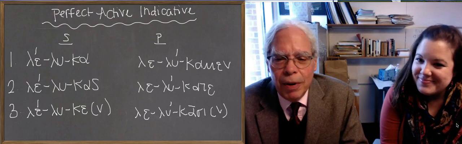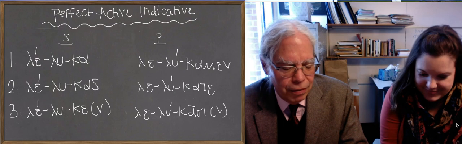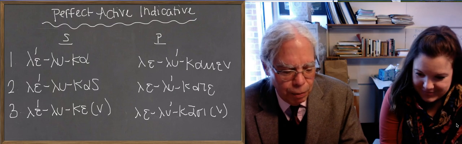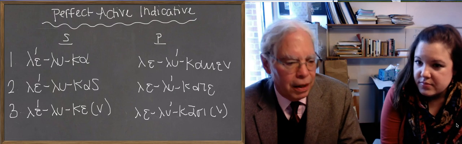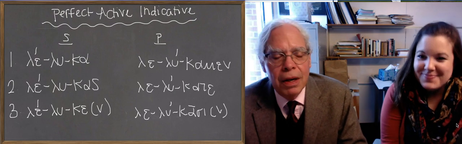We're going to talk about the perfective aspect, and before we do that, we're going to talk about the forms of the perfect and the pluperfect, active, indicative in Greek.